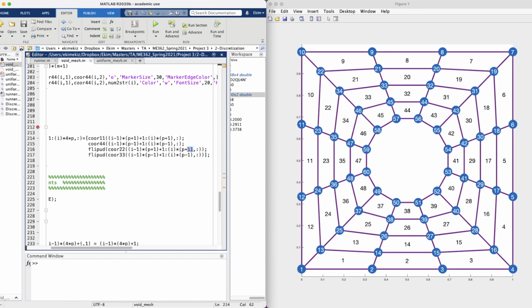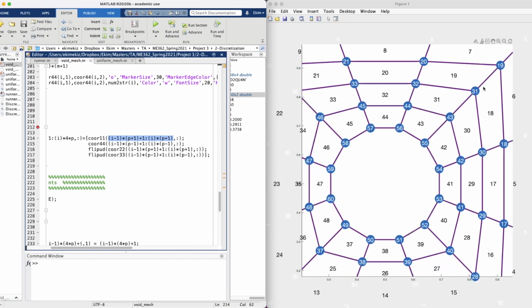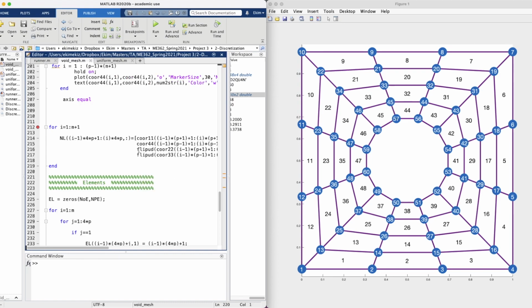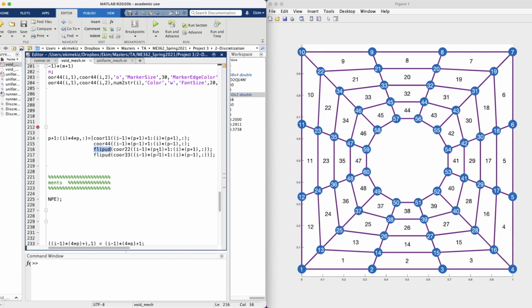For core 3, 3, see that we have the same indices as what we had for core 1, 1, because again, they were similar in the sense that they had their diagonals. But now we flip this matrix. So this is 1, 2, 3, 4. For the second region, this is also 1, 2, 3, 4.